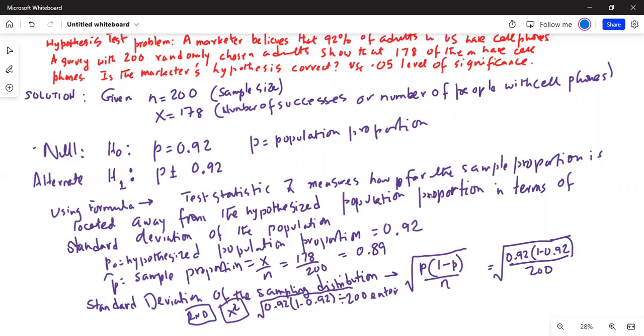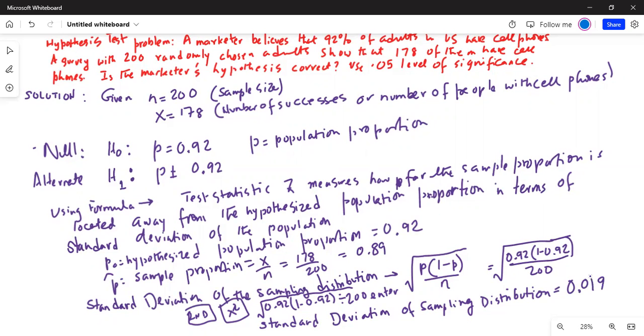And that is equal to, so standard deviation of sampling distribution is equal to 0.019.